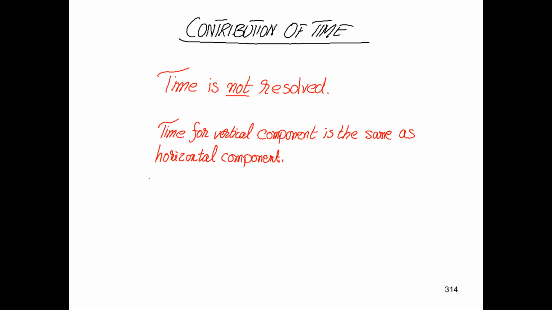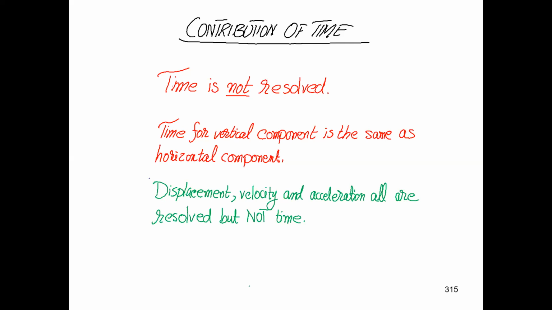Time for vertical component is the time for horizontal component. Displacement, velocity, and acceleration all are resolved, but not time. So what's the benefit of this concept? If you find the time for vertical component, you can use it for horizontal. It means time does not follow a ratio method. So you have to copy this also.